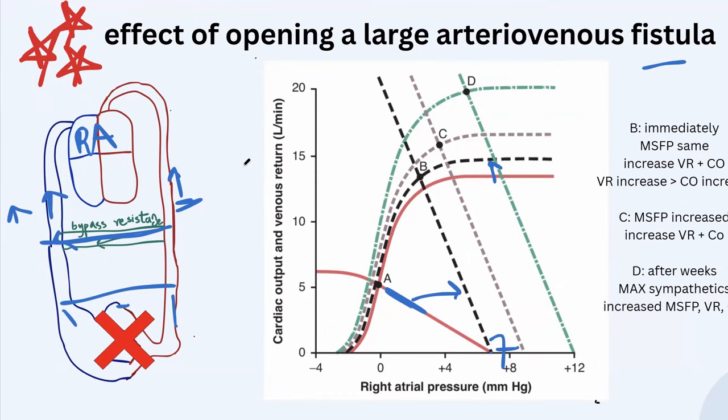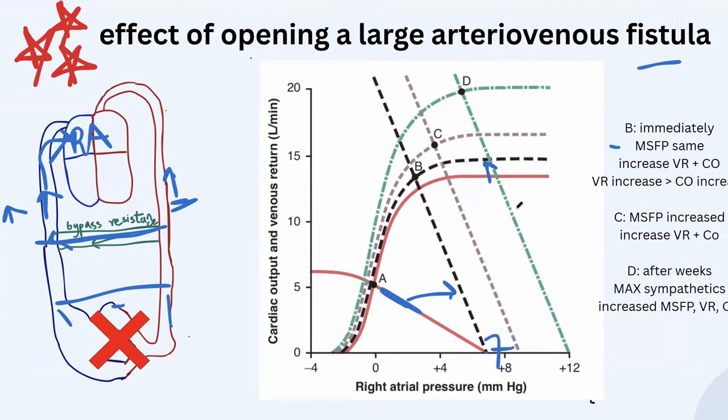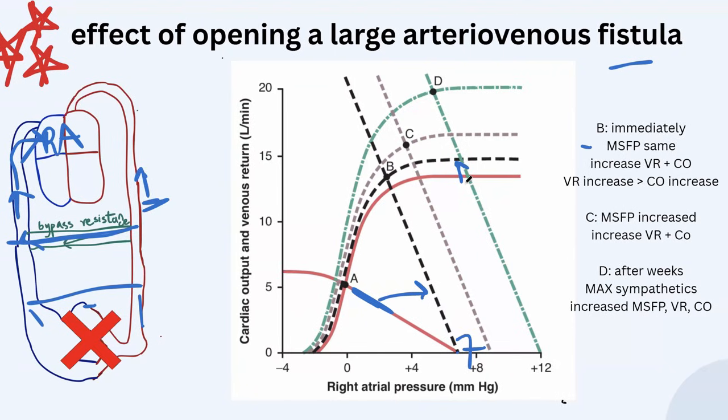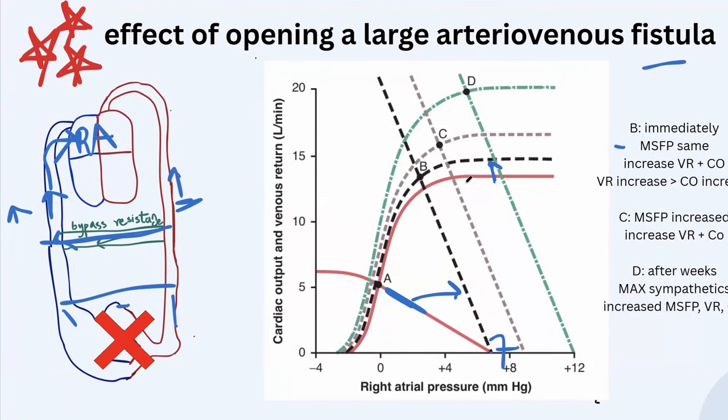The mean systemic filling pressure is going to be the same, so don't worry about that right now. But the venous return will increase because more blood is going into the right atrium. The right atrium is going to expand, the right ventricle is going to expand, the whole heart is going to expand. And what is that going to activate? The Frank-Starling mechanism, which means that if there is increased stretch of the ventricles, it is going to increase the contractility.